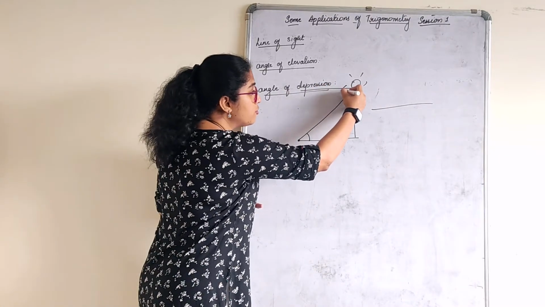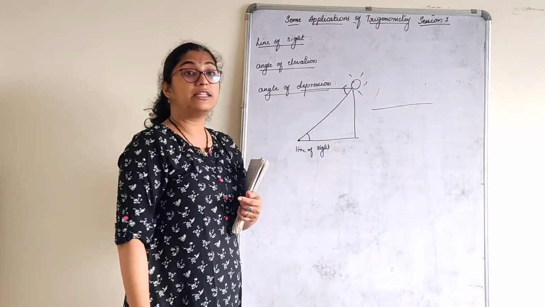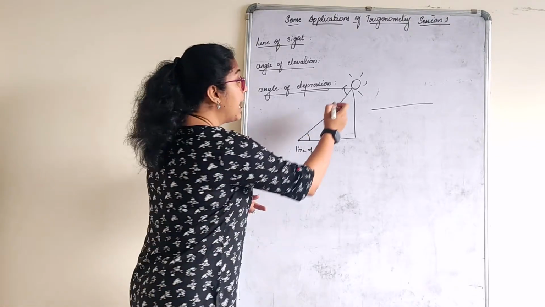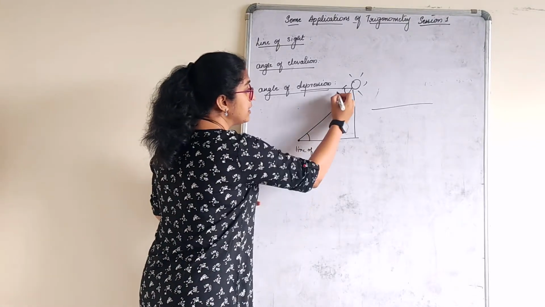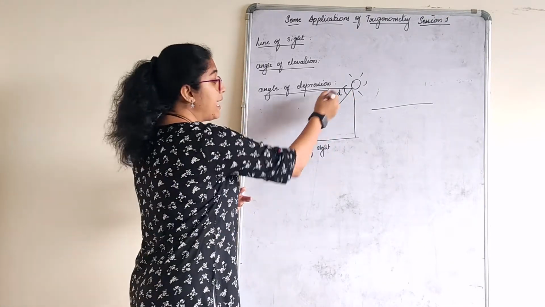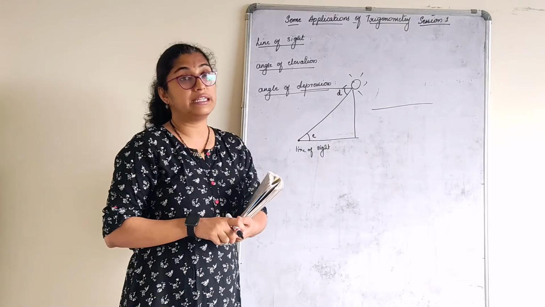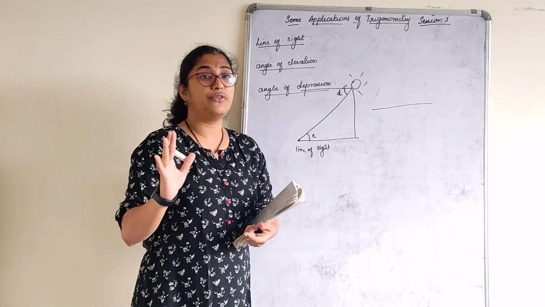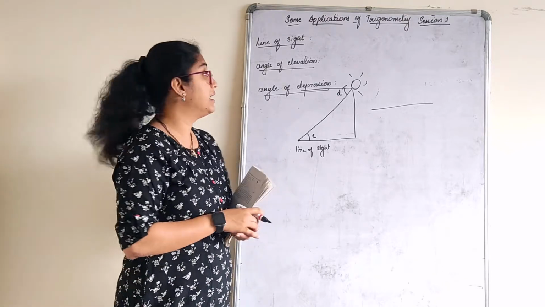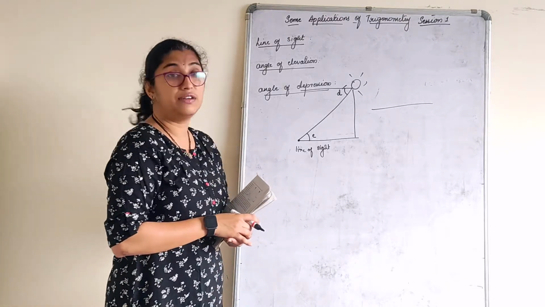The angle made by the observer to look down is called the angle of depression. Angle of depression is always equal to the angle of elevation because they are parallel lines and form alternate angles. So these three things we have to know in this chapter: line of sight, angle of elevation and angle of depression.